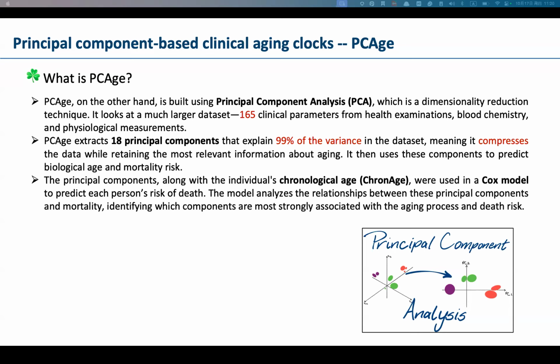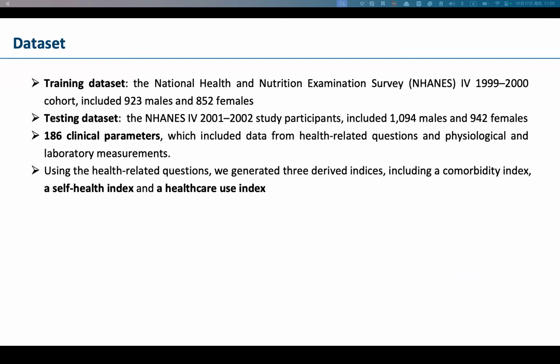And the principal components, along with the individual's CA, were used in a Cox model to predict each person's risk of death. This is the definition of the PC age, and we can go on.